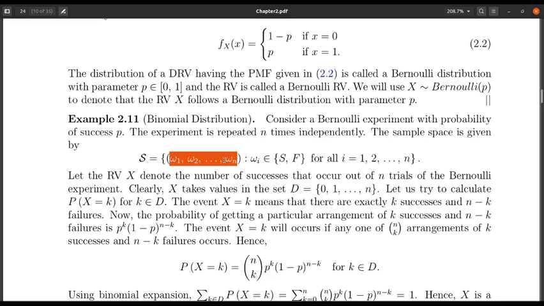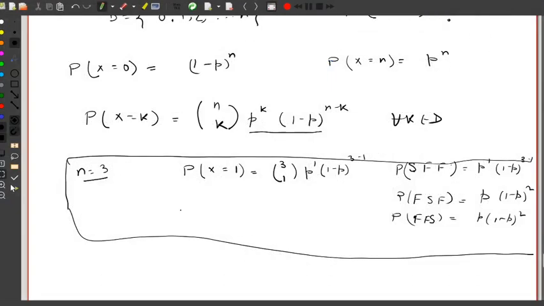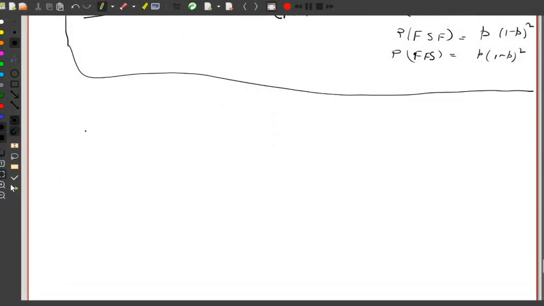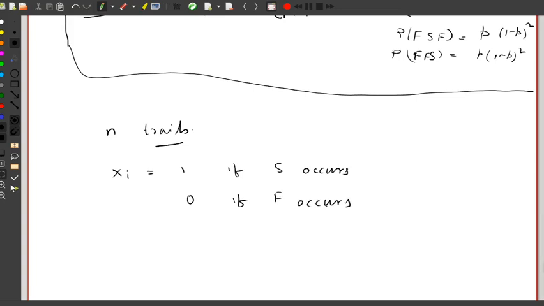Okay, so the scenario is something like this. So I have n trials. So now I define Xi equals 1 if success occurs and 0 if failure occurs. Note that this Xi is for all i's, 1, 2 up to n.